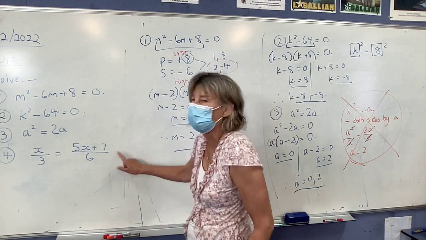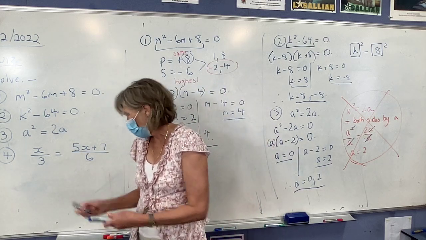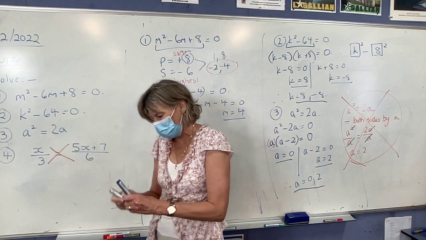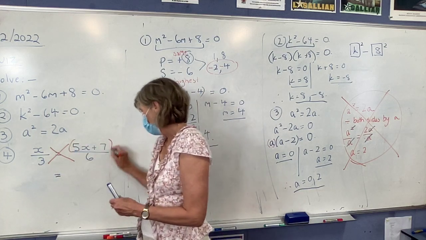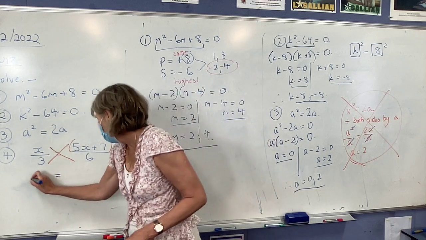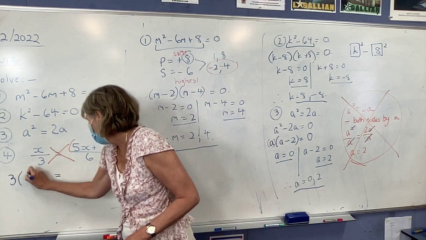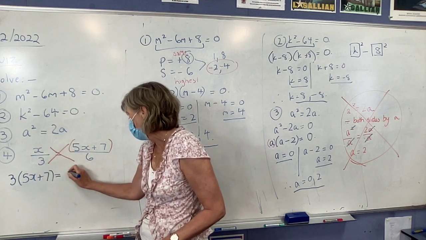Okay, number 4. Who can tell me what we're doing over here, Kirby? So you're doing the cross multiplying. Yeah, we can do that here. Off you go. Put the 5x plus 7 in brackets. Then 3 bracket 5x plus 7 equals 6x. It doesn't matter which order you do your first multiplication.